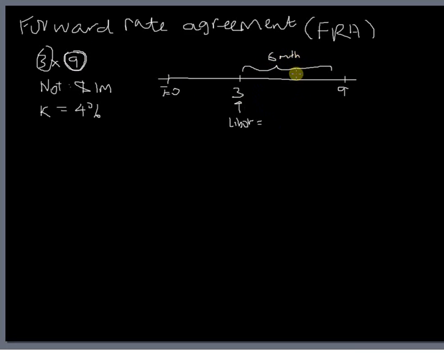So basically, as at the 3rd month, when the FRA matures, we should look at the 6 months LIBOR, and assume that, say, this is 5%, and then determine what's going to happen as at the 9th month. As at the 9th month, we are going to calculate 2 numbers, the fixed rate and the floating rate.